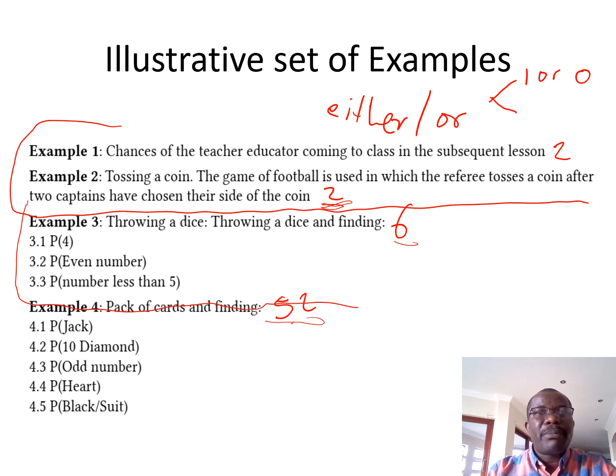In the second one, the probability of one of the captains getting ahead is half. It's not 1 or 0. So this lends something about generality when it comes to the situation of either or for learners, for the students.